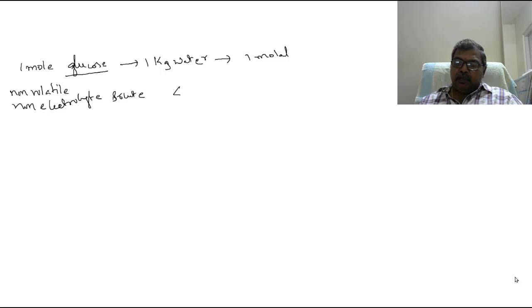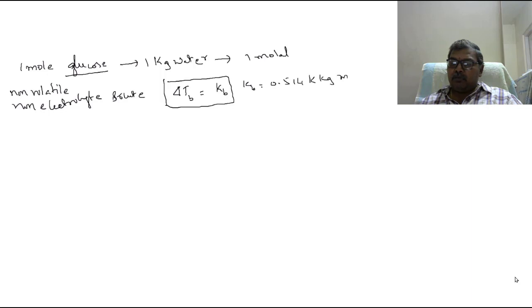So, elevation in boiling point of the solution is Kb, right? So, Kb for water is 0.514 Kelvin kg per mole.